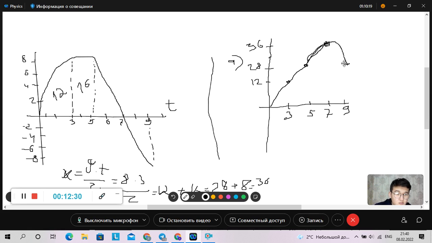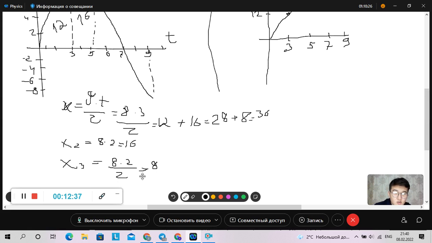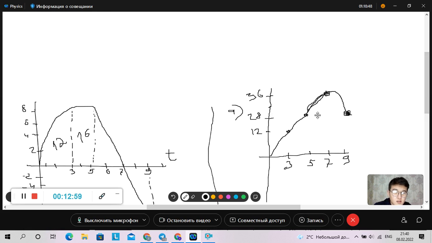And just I will draw the 8, which is equal to the fourth part and fourth position, and I will subtract: 36 minus 8 is 28, and this is also 28.